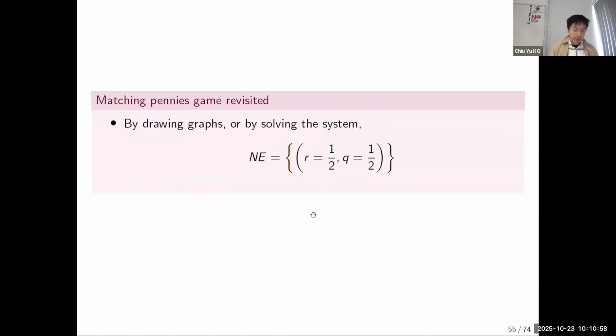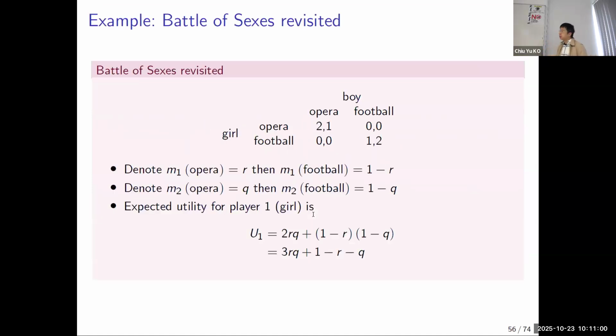So now we are going to talk about this, which we did before the break, but we will show it again. Remember the Battle of the Sexes? Opera and football are the two pure strategy Nash equilibria, which you can check easily.